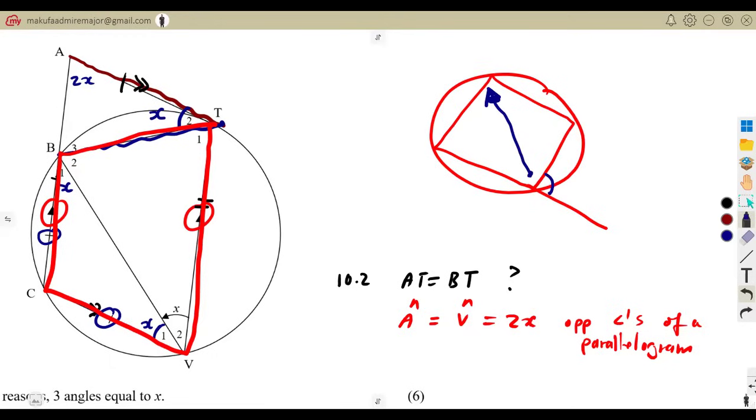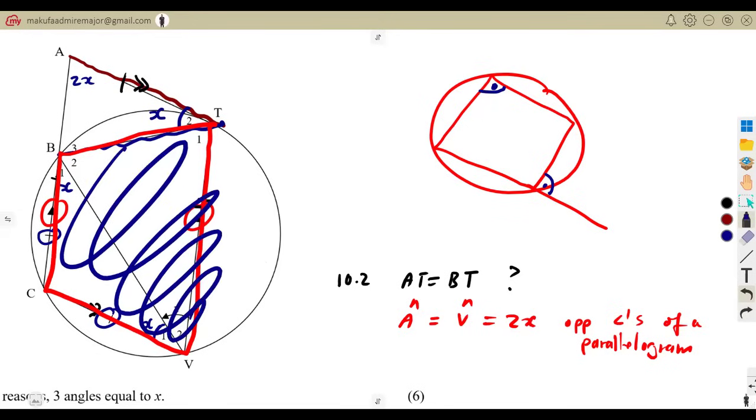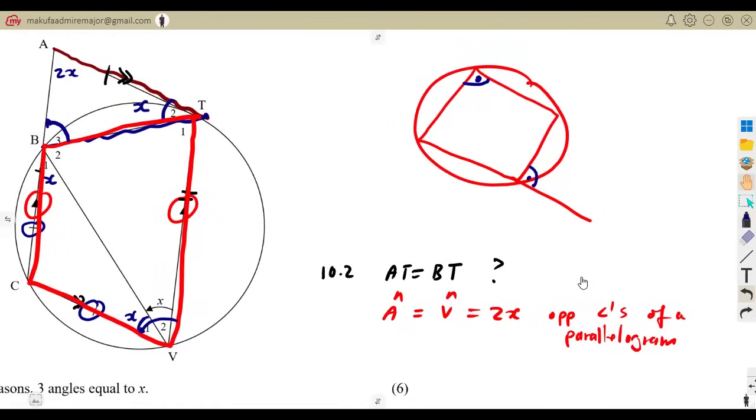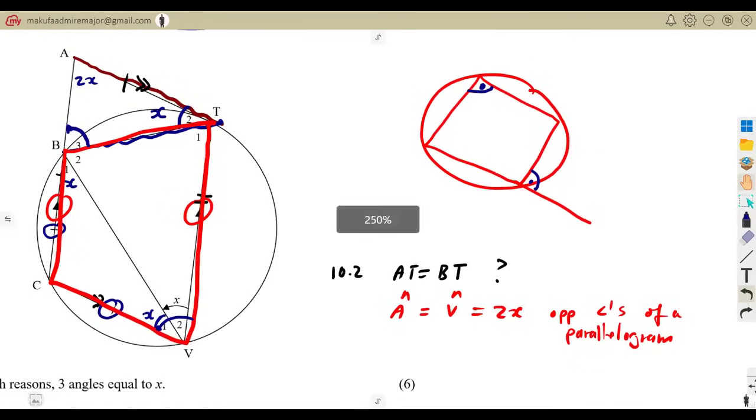These two angles are equal. So if this is a cyclic quadrilateral, the whole of angle V that we see here must be equal to angle B3 also. Exterior angle of a cyclic quad.